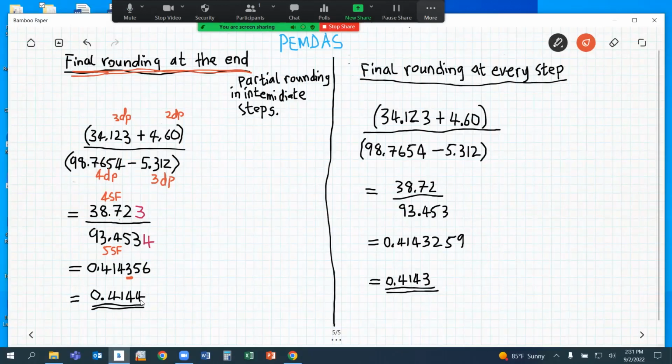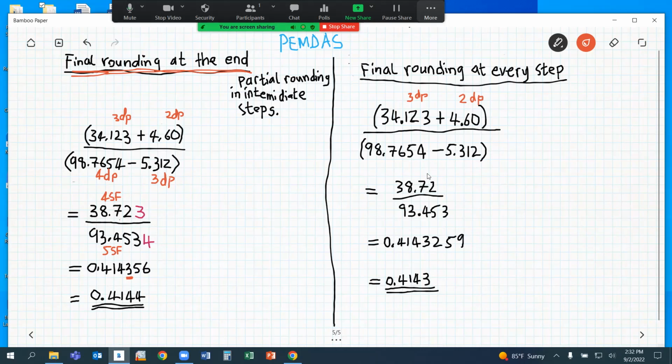0.4144. Okay, if somebody did not do that, and said, I want to do my final rounding at every step, then the numerator is 34.123 plus 4.60. We have 3 decimal places here and 2 decimal places here. So we do the addition and we limit the numerator to 2 decimal places, 38.72.